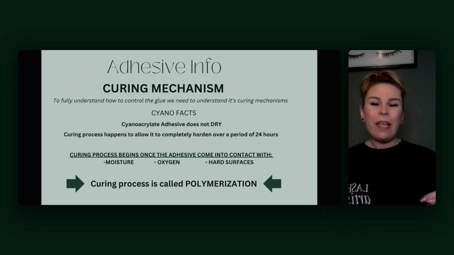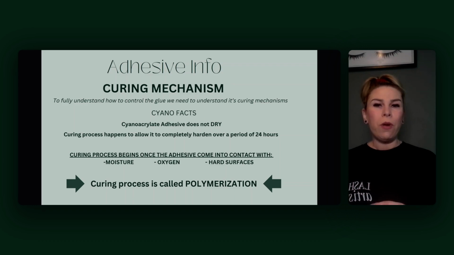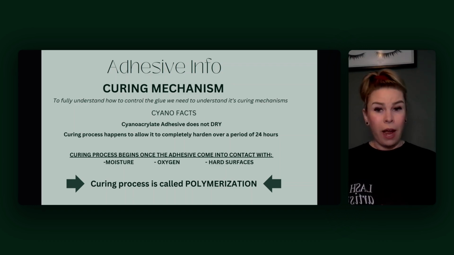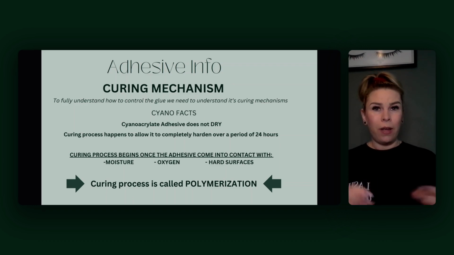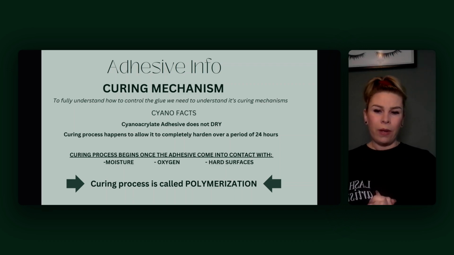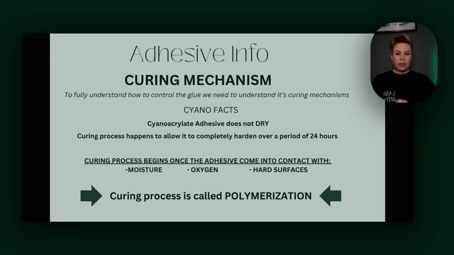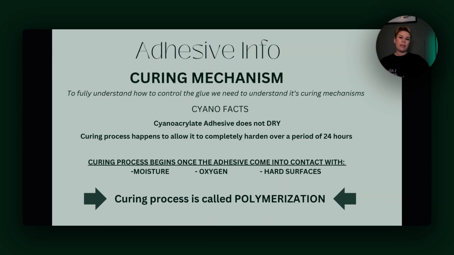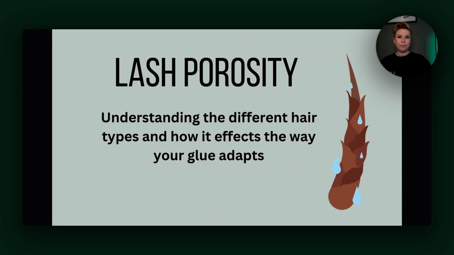Either oxygen, moisture, or hard surfaces, all three of those need to come into play in order for it to cure properly. Okay, if there's no moisture in the air, it's not going to dry. Okay, that's why when we close it, there's no moisture in there. So the curing process is called polymerization.